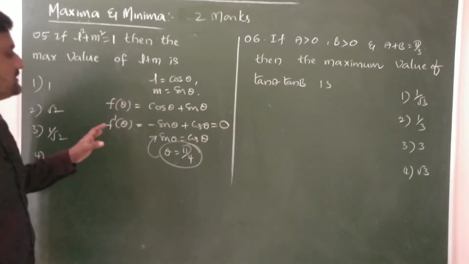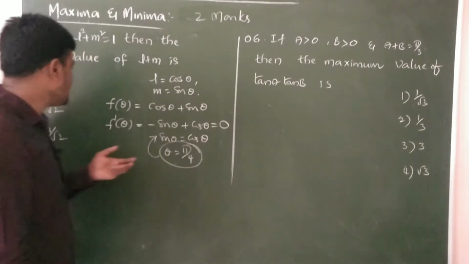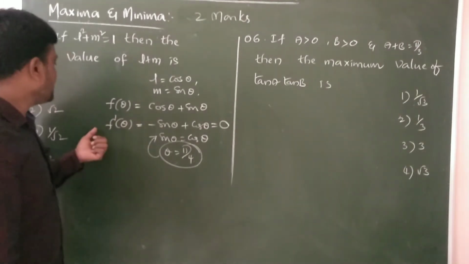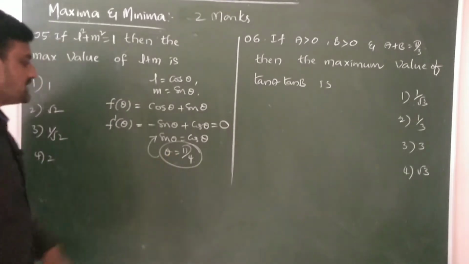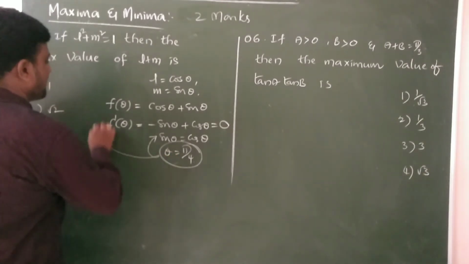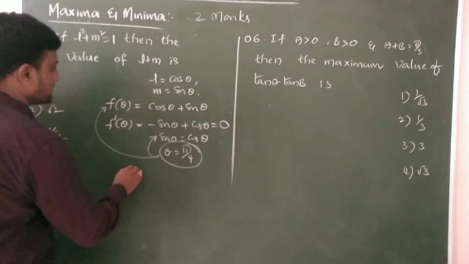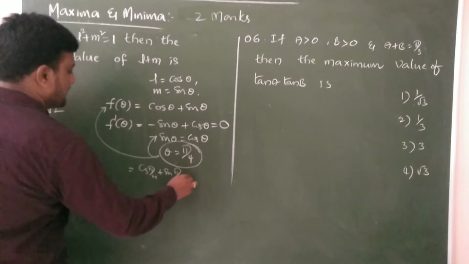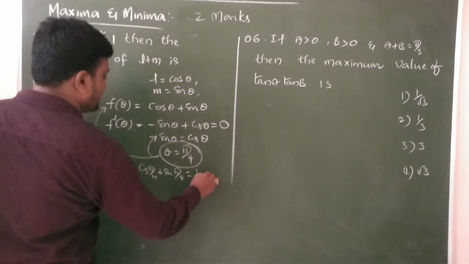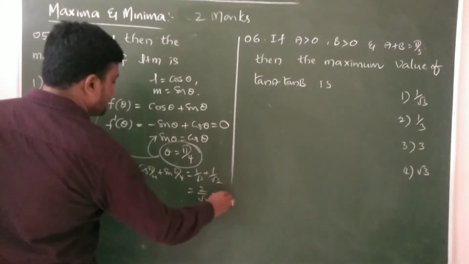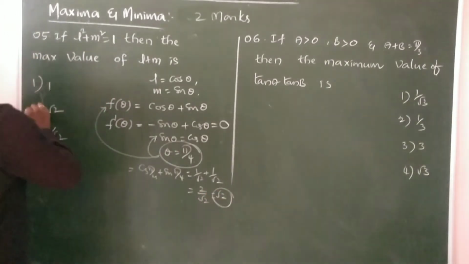No need to find f''(θ), because we have values only. For maxima and minima we can take the stationary points. So θ = π/4, substitute in f(θ): cos π/4 + sin π/4 = 1/√2 + 1/√2 = 2/√2 = √2. Option 2.